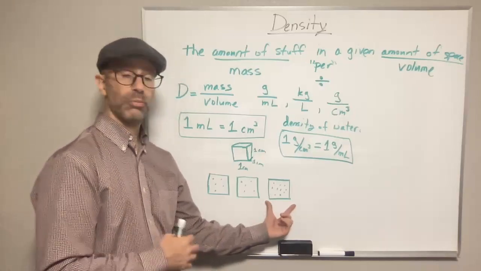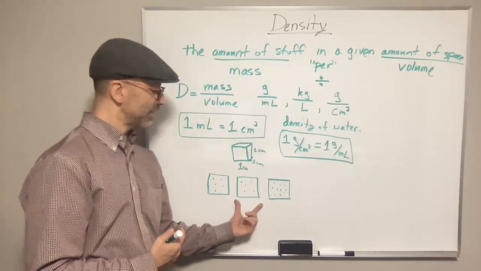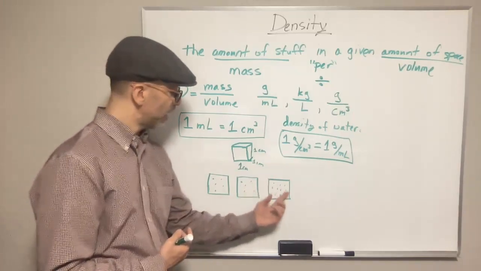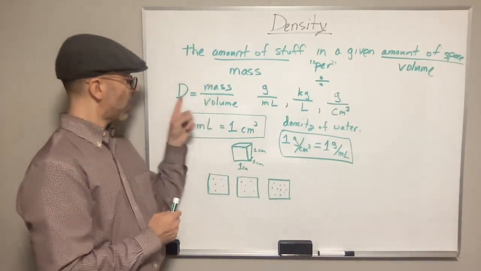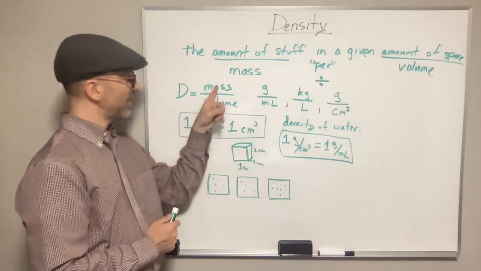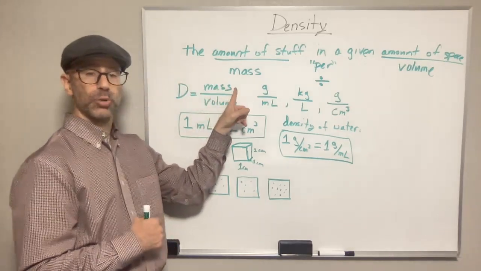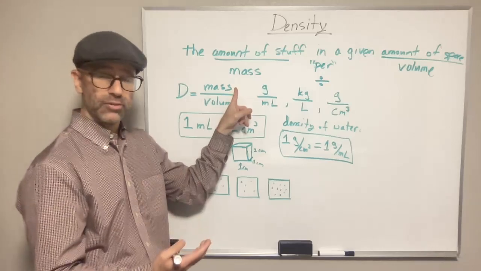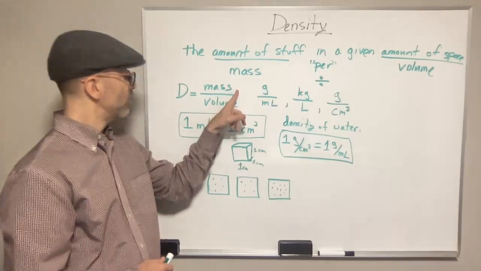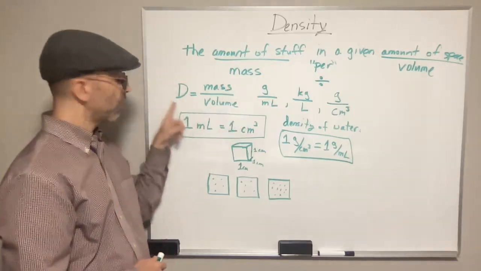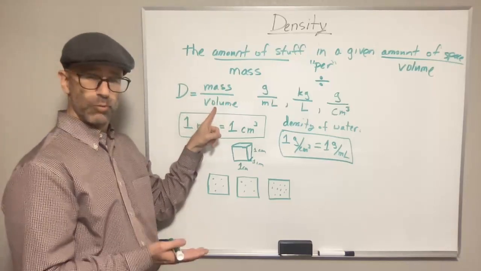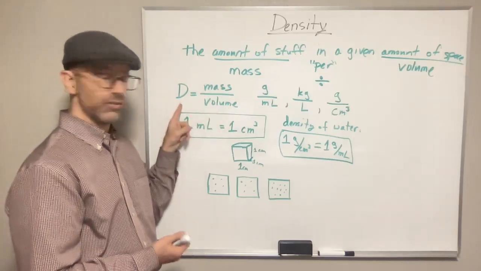The density here would be twice as much as the density here because the volumes are the same, but the amount of stuff is different. Notice in our equation, I've kept the volume the same, but I doubled the amount of particles, which we're assuming is double the mass because it's the same particles. So we're doubling the mass. If this doubles, then we're doubling the density. So if you increase the mass while the volume is the same, you're going to increase density.